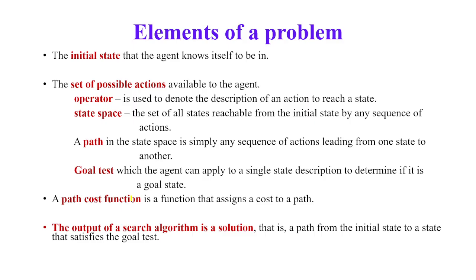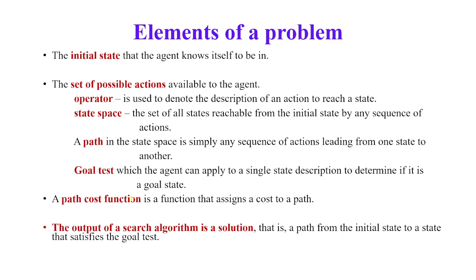For example, in a GPS navigation system, the path cost might be the total distance traveled from source A to source B. It can comprise the fuel cost, the travel time, etc. So putting it all together, a search algorithm takes these five elements as input and produces a solution, a path from the initial state to the goal state, as the output.